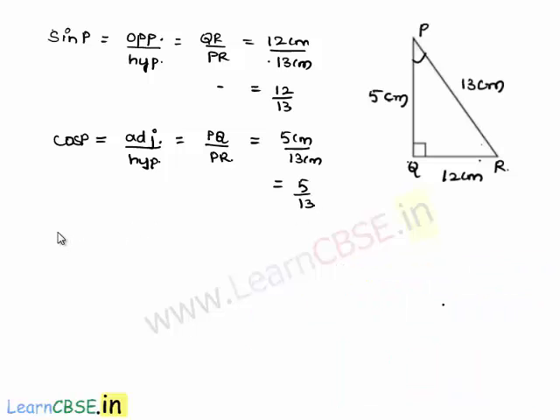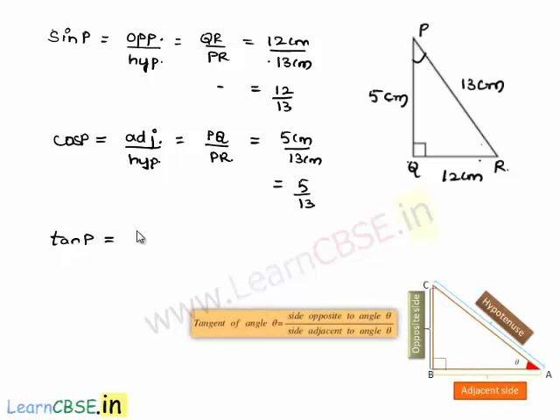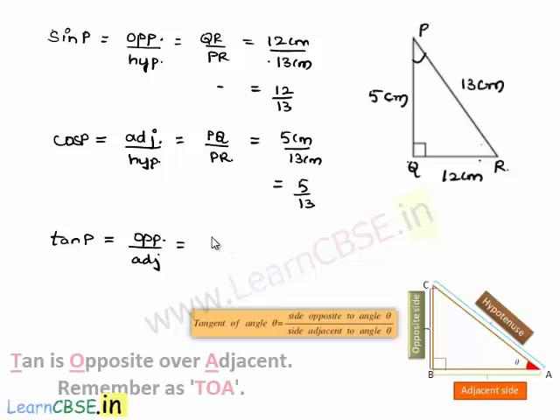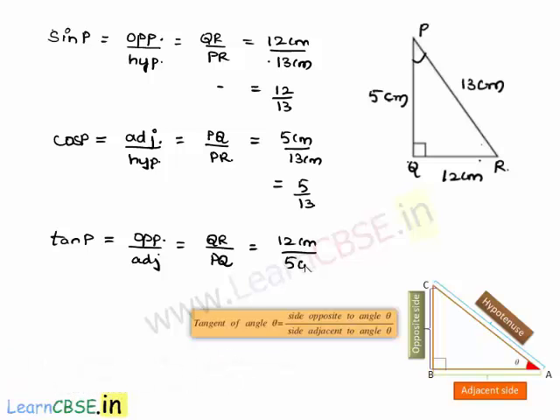And he also asked us to find the value of tan P, which will be equal to opposite side by adjacent side. The opposite side here is QR and the adjacent side is PQ for angle P. That will be equal to QR is 12 centimeters by PQ is 5 centimeters, which is nothing but 12 by 5.